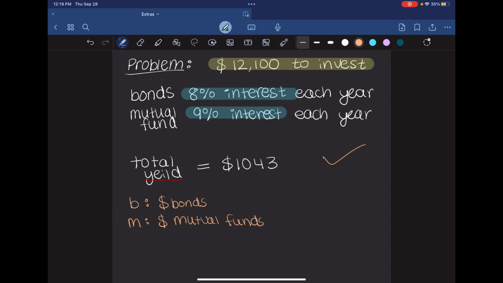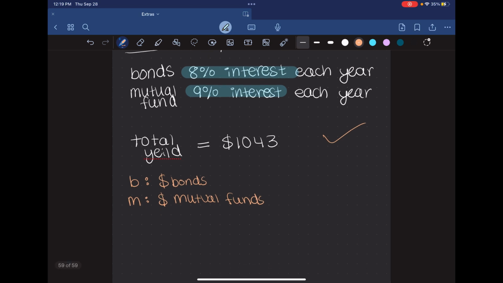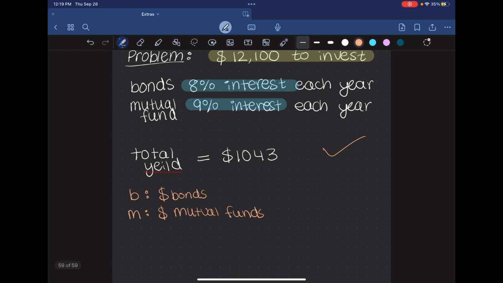The first thing that we know is that we invested in total $12,100. So B plus M for sure should sum to $12,100.